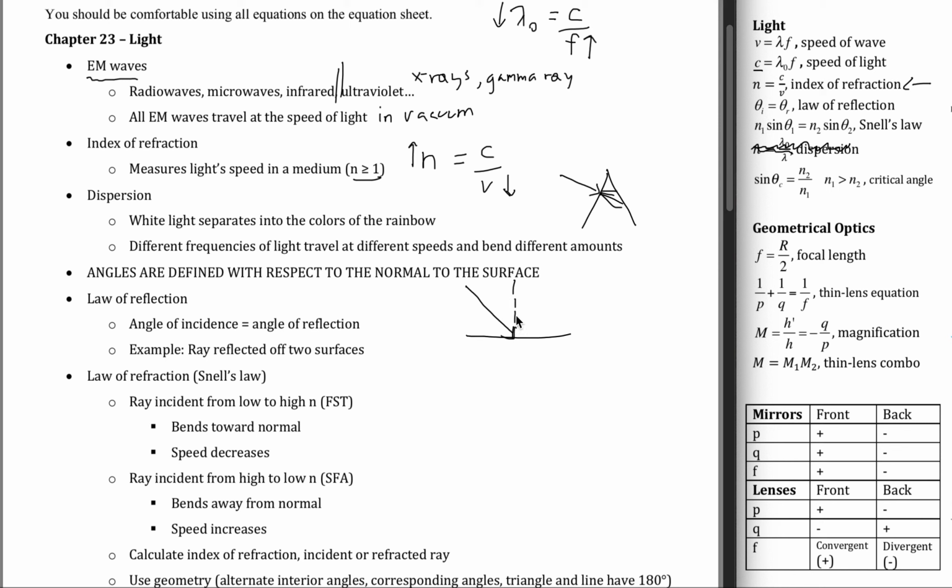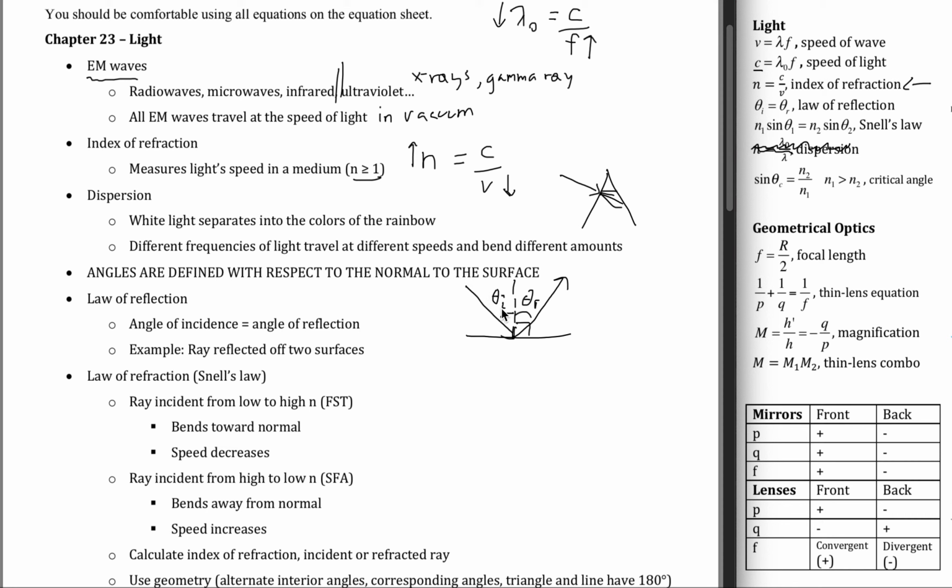So you draw that normal line here that's perpendicular to the surface. And your angle, let's call it the incident angle, is always the ray that is going to hit that boundary. So that's going to be your incident angle, your angle of incidence. The law of reflection says it equals the angle of reflection. So that means it's going to be reflected at the same exact angle, which we can call angle R.